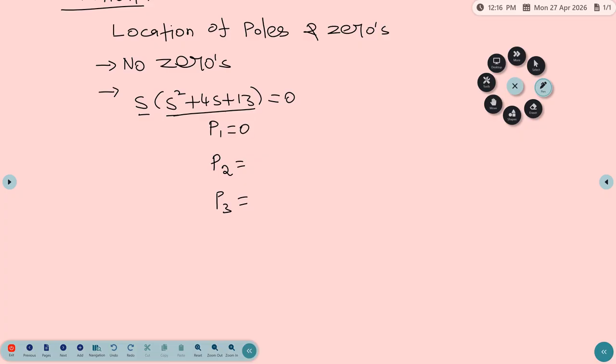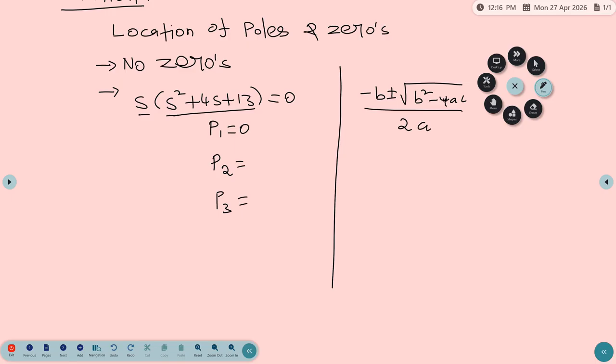We don't have any whole number combination for that. So we have an alternative option to find the roots of this particular one. The formula is minus b plus or minus square root of b square minus 4ac, divided by 2a.